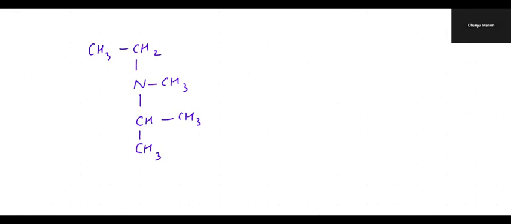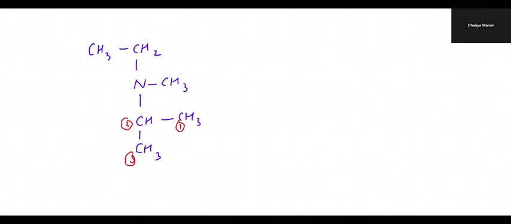Okay, so here if we have to number it, this appears to be our longest chain, 1, 2, 3. Here if we number, we get only 2 carbon atoms. Here there is no double or triple bond, so we just take the longest chain.